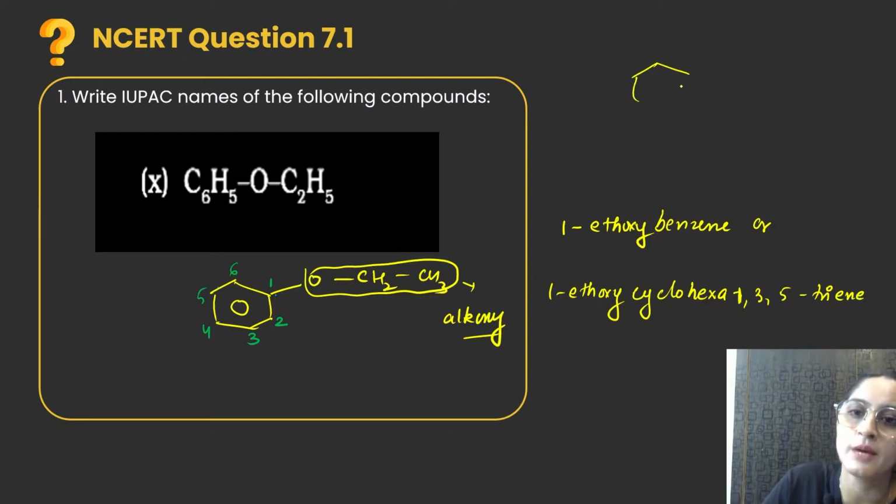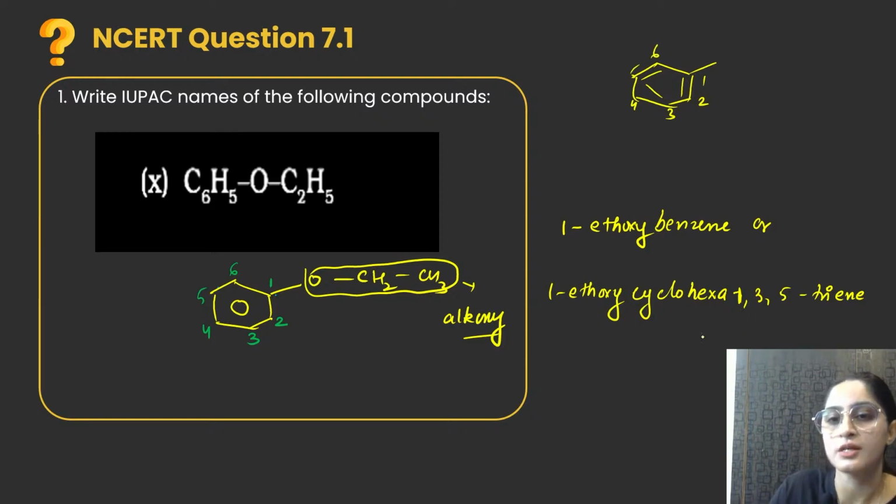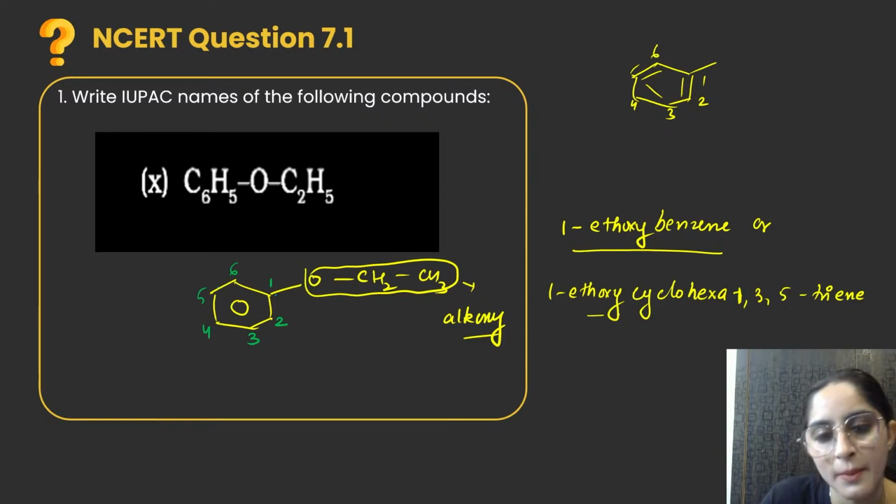Because what will you say about this benzene? This is 1, 2, 3, 4, 5, 6. So on first, third and fifth positions you have enes. It is hexa because you have more than one double bond, so it is cyclohexa-1,3,5-triene. Either you can write it this way. Most probably you will see this only in your options, but yes, you should also know this, right?